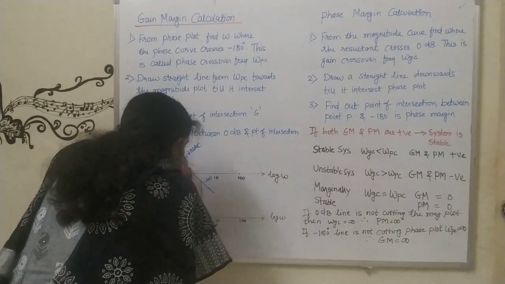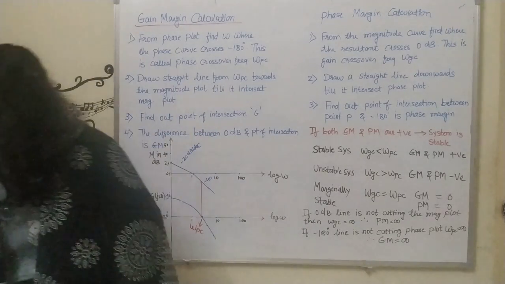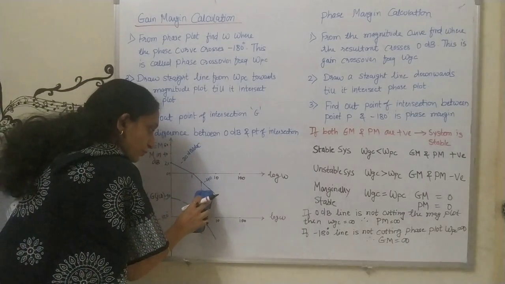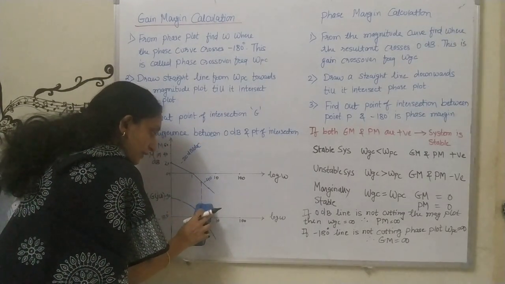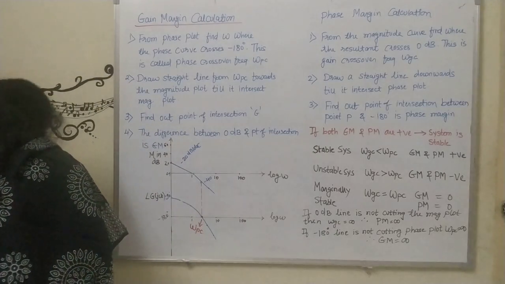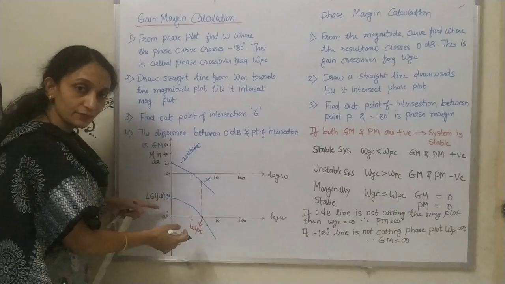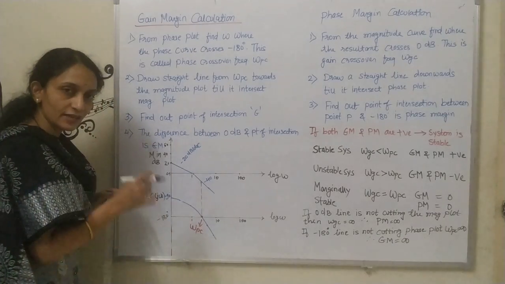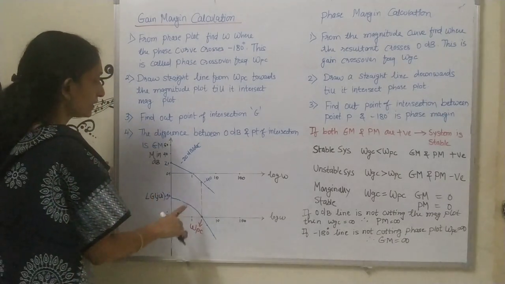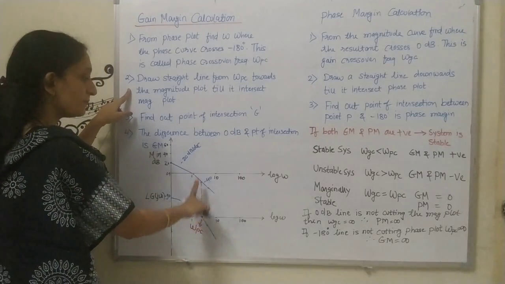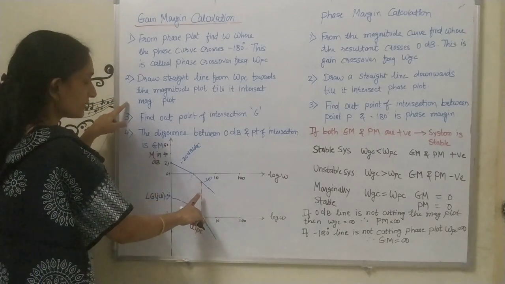Here I have shown the line like this, but in an actual Bode plot this line should be a faint line or a dotted line, so that there is a differentiation between the magnitude and the phase plot. So please draw this line as a dotted or faint line, from omega PC towards the magnitude plot, till it intersects the magnitude.